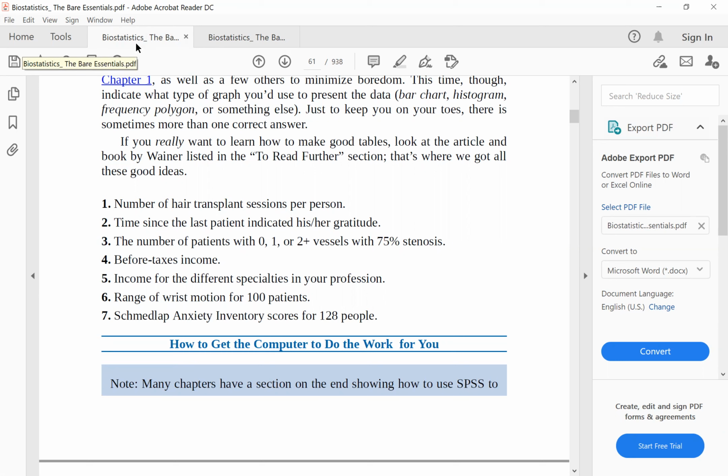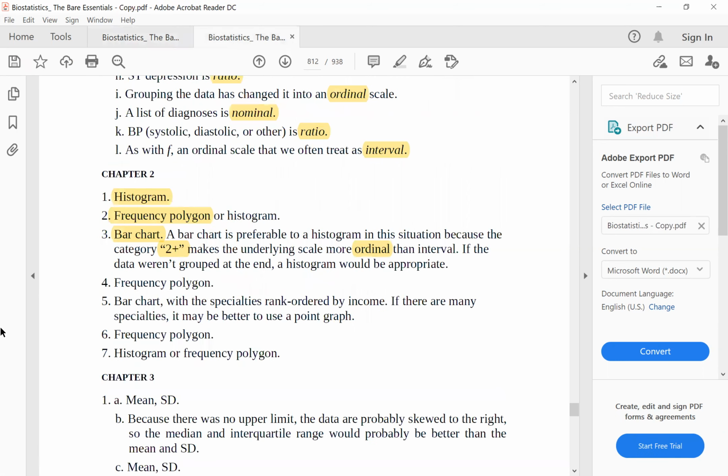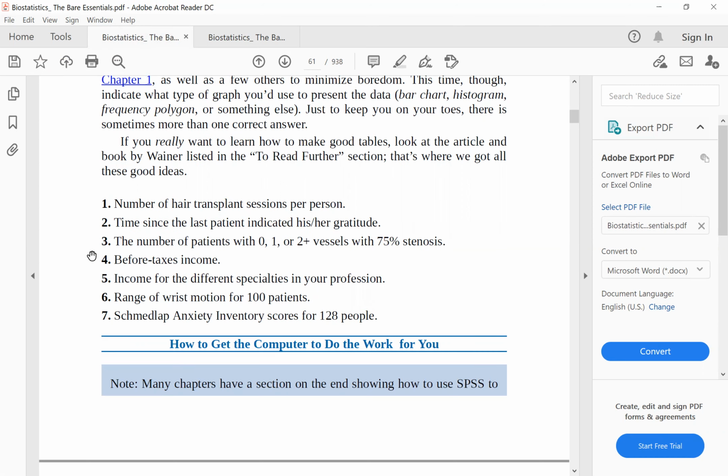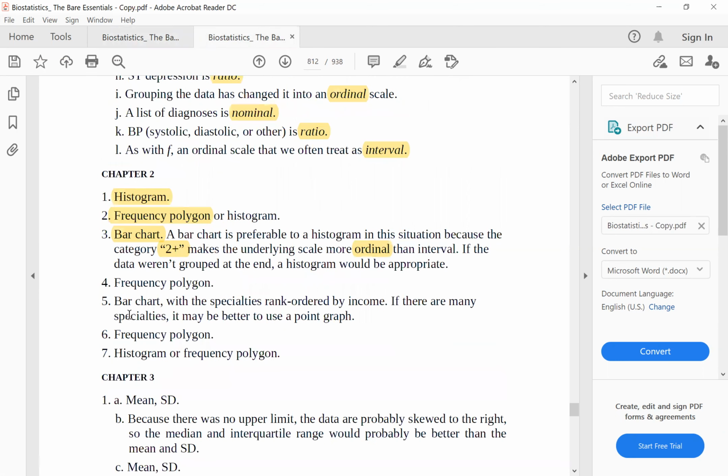For before taxes income, then we would use a frequency polygon. Number 5, income for different specialties in your profession. So you're going to use a bar chart for the different specialties, rank ordered by income. If there are many specialties, it's maybe better to use a point graph.